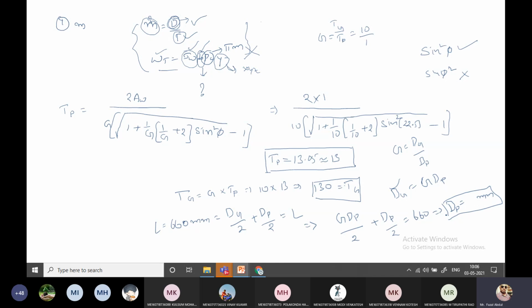By this equation, simplify and tell me the dp value in mm.